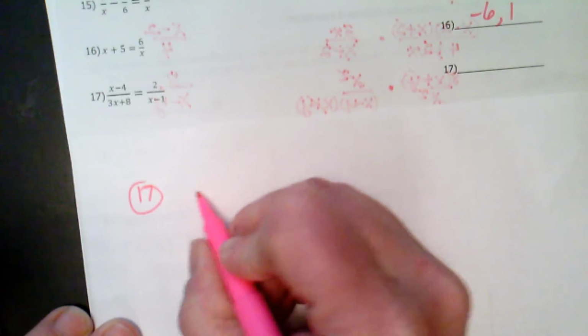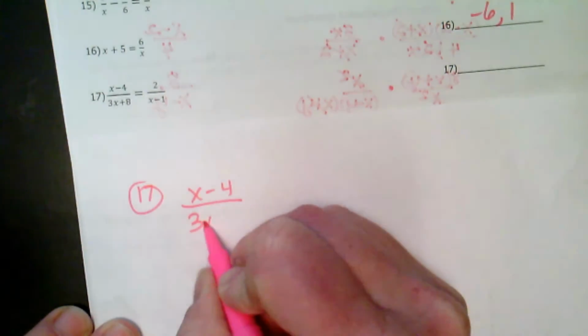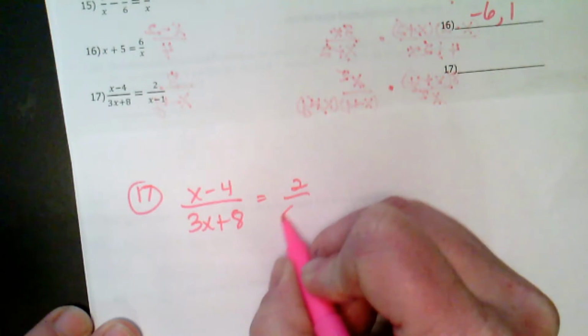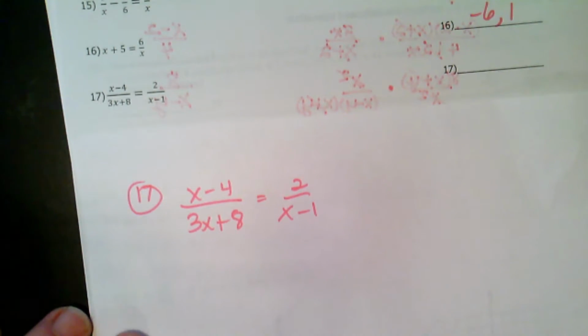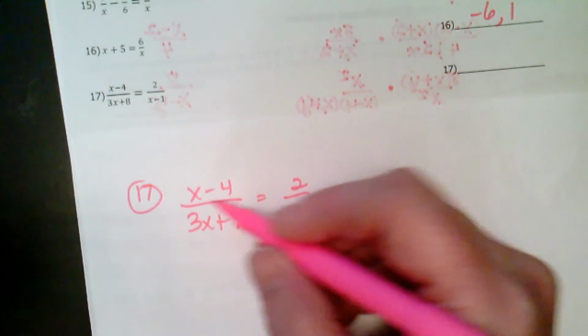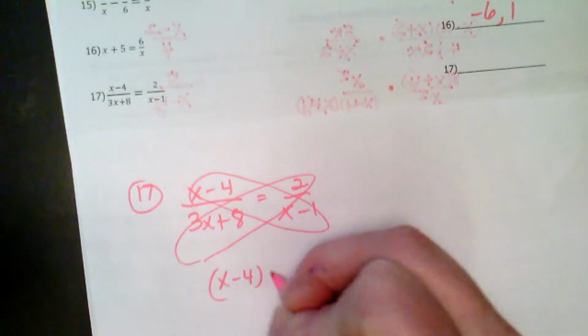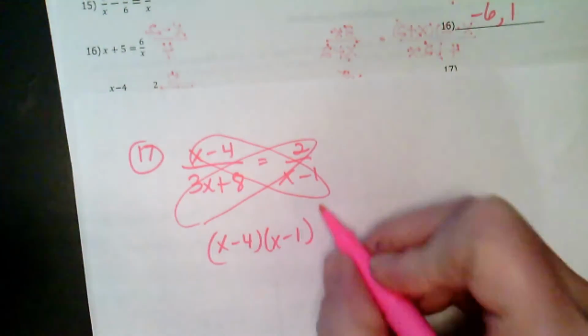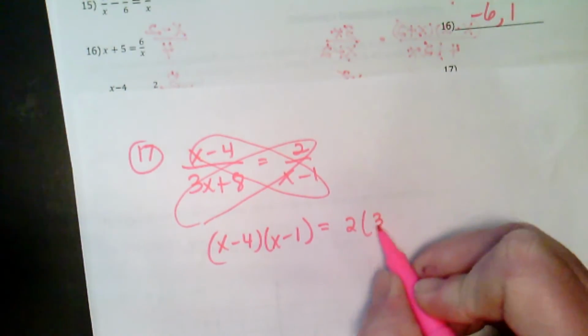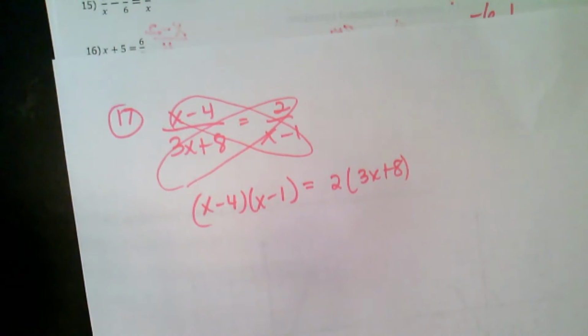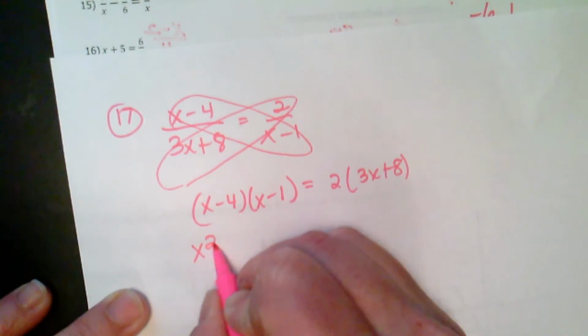All right, number 17. So whenever we have a rational expression that's equal to another, we can cross multiply. So let's do that first. We have x minus 4 times x minus 1 is equal to 2 times 3x plus 8. So right now I'm just going to FOIL and distribute, get it into a simpler state.